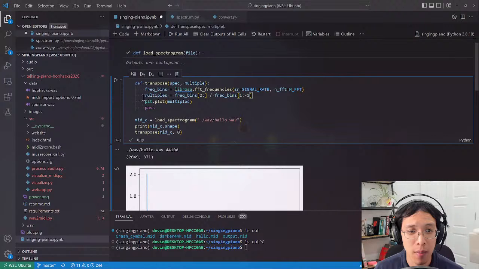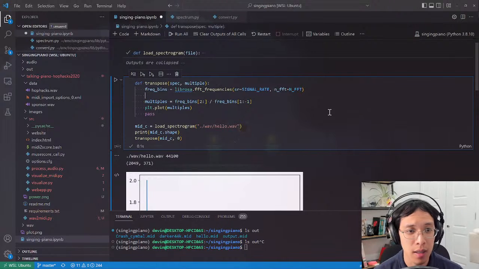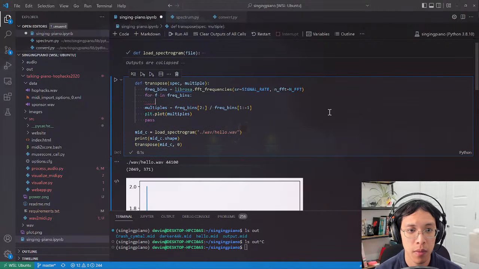So basically I'm going to iterate through every frequency bin, multiply the frequency by whatever frequency that bin is, and that will give me where I want the new frequency to be, and I'm just going to find the bin that's the closest to this, and stick it into that bin. So for f in freq bins, and so I'm going to go through the source first.